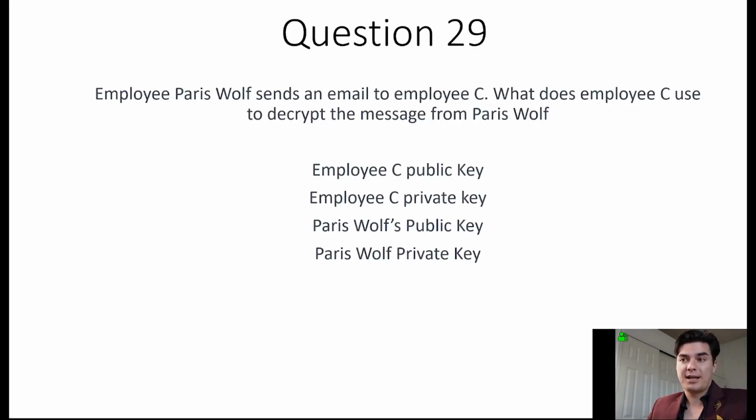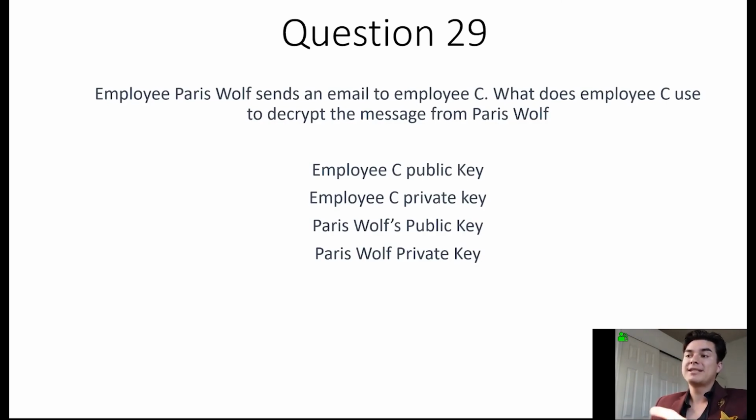Now for question 29, employee Paris Wolf, that's me, sends an email to employee C. What does employee C use to decrypt the message from Paris Wolf? So my system is going to get the public key for employee C from the public key infrastructure, and it's going to encrypt that email with employee C's public key.